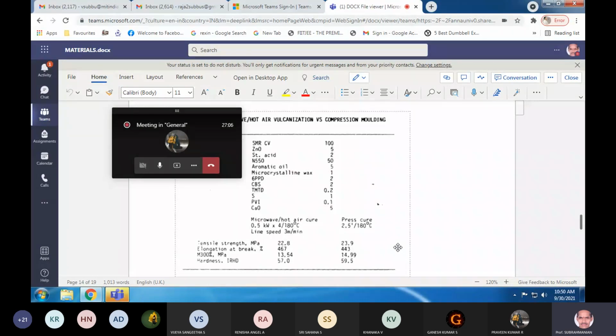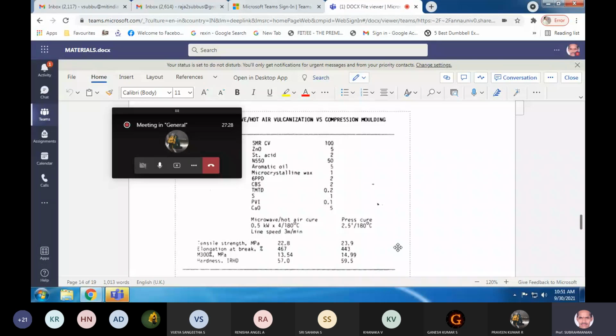And so definitely I cannot have a polysulfidic network, meaning I will have to limit the sulfur quantity. So that's why the formula contains sulfur at 1 part.